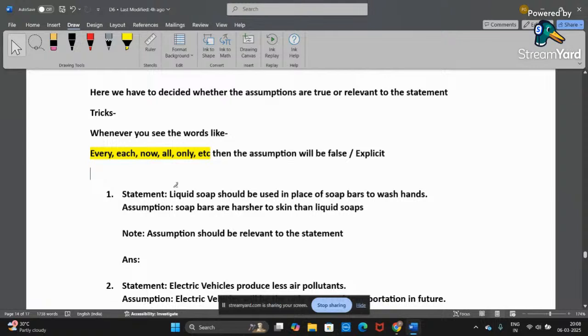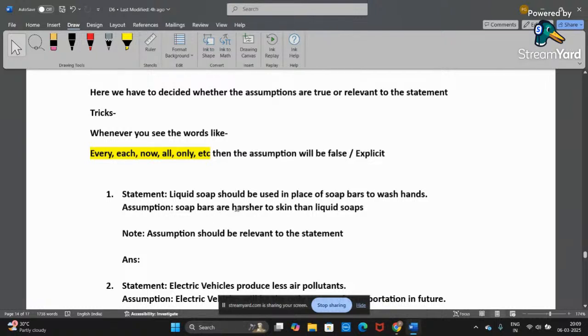Okay. First, let's move on to the question statement. Read the statement. Liquid soap should be used in the place of soap bar to wash hands. The assumption: soap bars are harsher to skin than liquid soap. See, in this statement they are telling that we have to use liquid soap instead of soap bars.